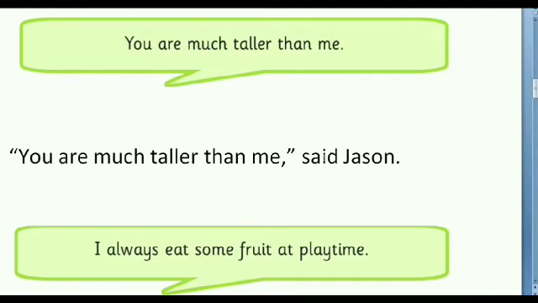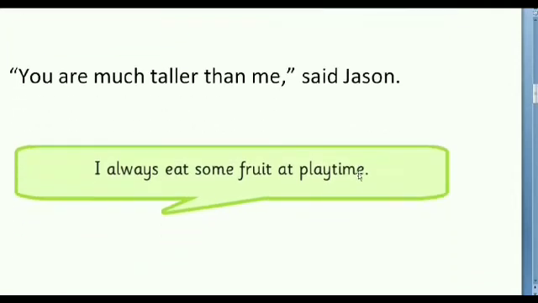Now, if you want to read that direct speech, how would you read it? You could change your voice maybe. So you know that Jason is a man. It could also be a boy, but let's pretend it's a man. Change your voice. You are much taller than me, said Jason. Move on.